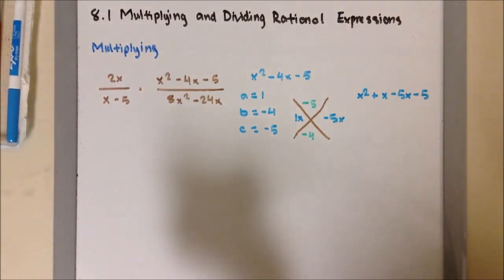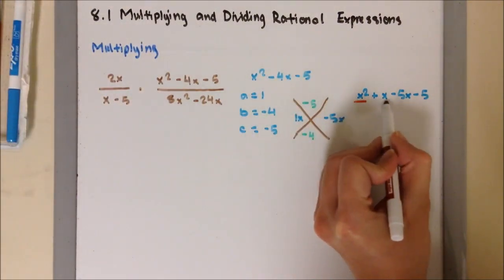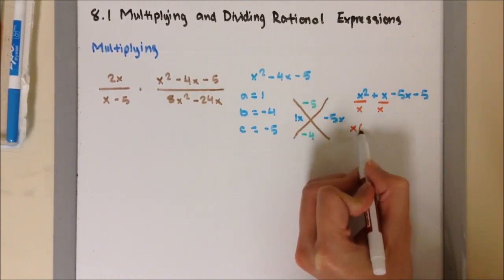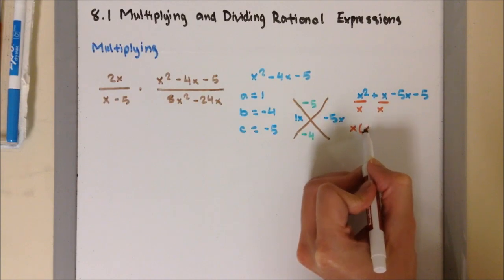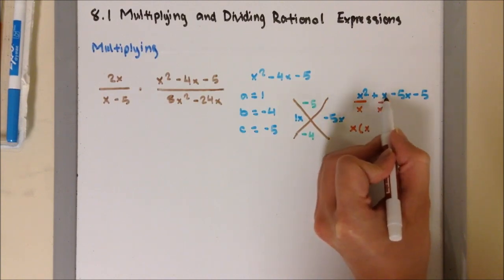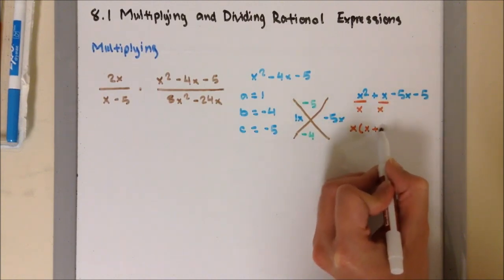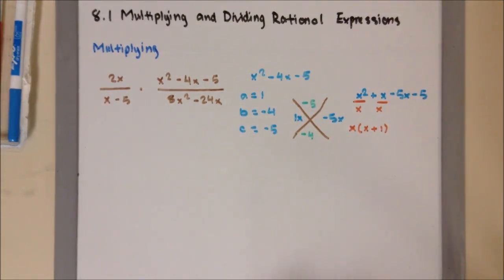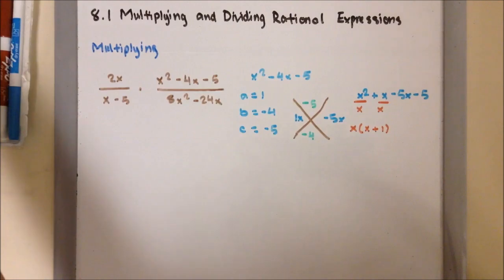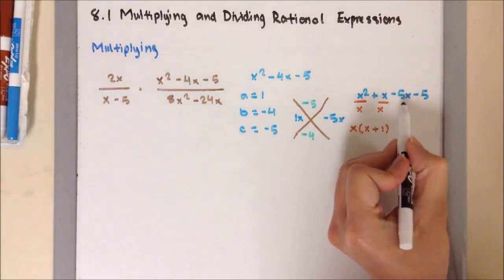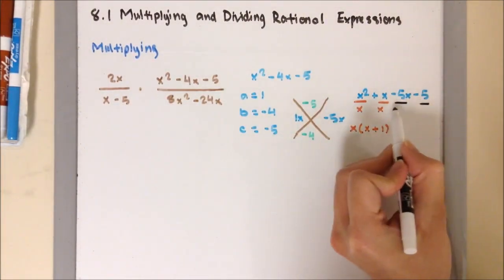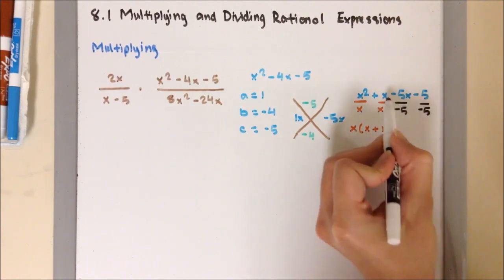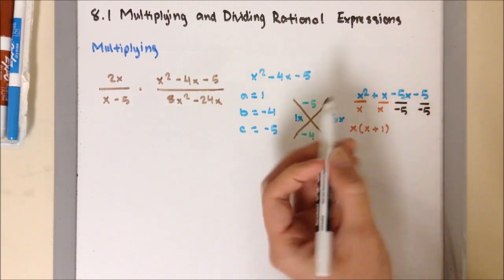Alright, factor the left side with the GCF, which is just x. So it's going to be x on the outside. x squared divided by x will be x. Positive x divided by x will be plus 1. Now next we're going to factor the right side. Both are divisible by negative 5, and the reason it's negative is because the first term on the right side is negative.